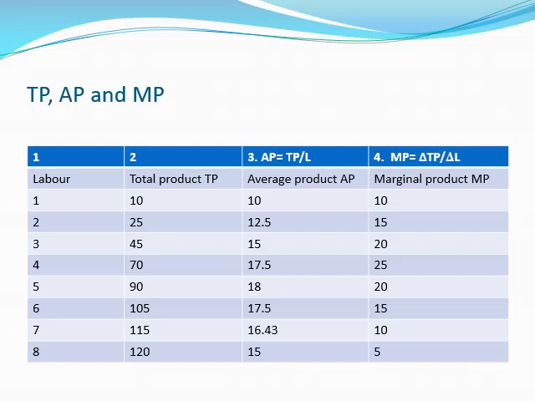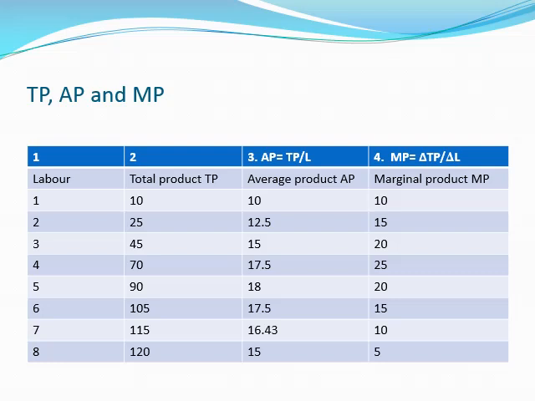For 2 employees, or the second employee, the total product rises from 10 up to 25.